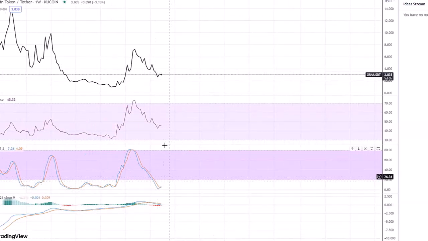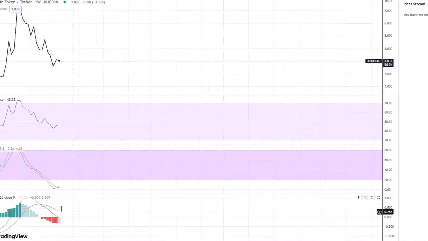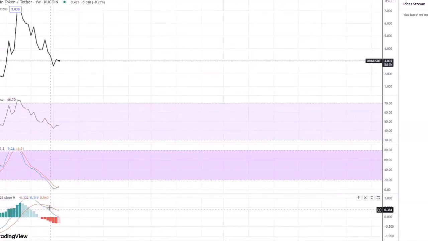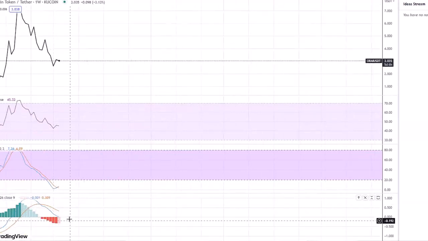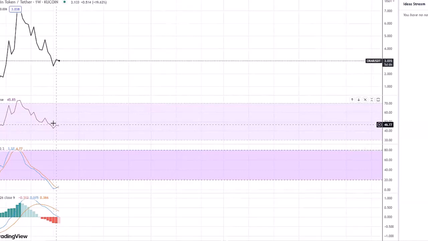Now, on the weekly, what you should be looking for across price and the indicators is corroboration. The MACD is still potentially pointing down, whereas stochastics on the weekly have a crossover, and the price is pointing down, so there's a contradiction there.